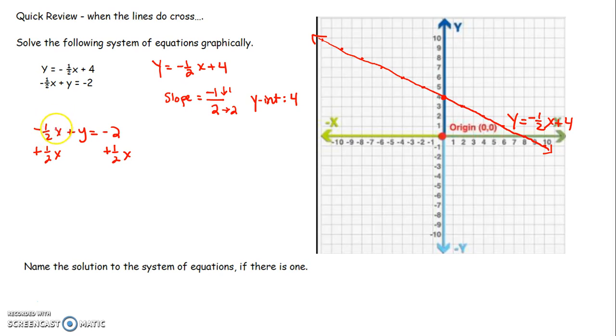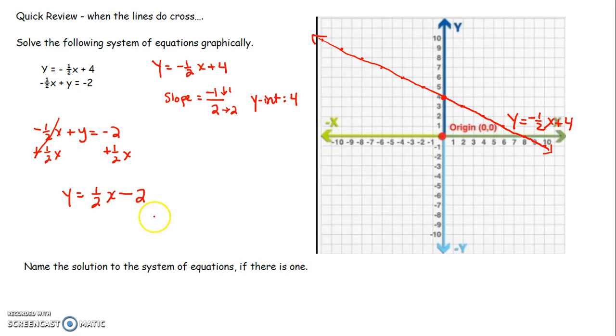To get rid of this -1/2 x that's attached to the y through addition, I'll just add 1/2 x to both sides, and those will zero out. So on the left-hand side, I have y equals, and on the right-hand side, I want my x term written first. So I write my positive 1/2 x first. Then you see how this is a -2? So I just put -2 there. Had this been a positive, I would have put a +2.